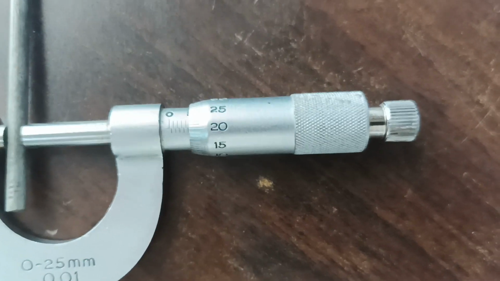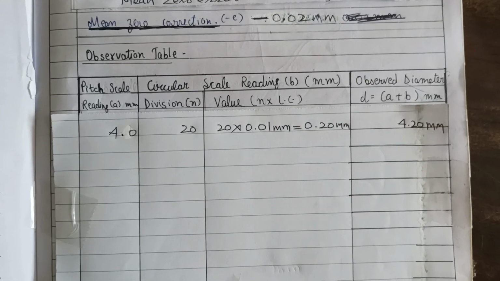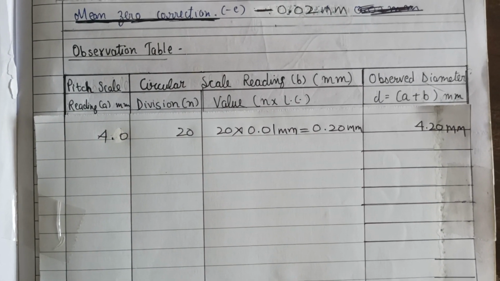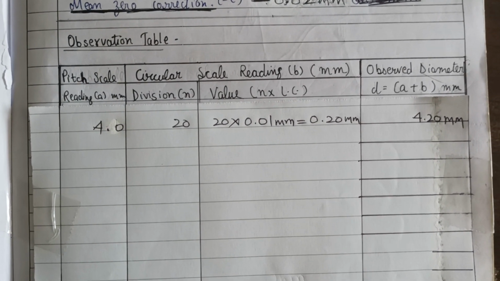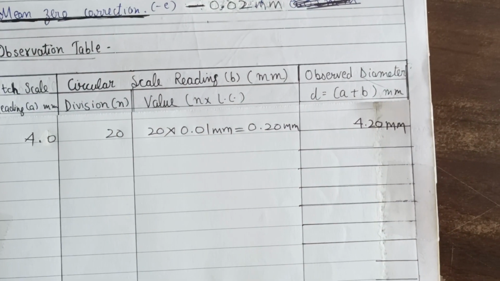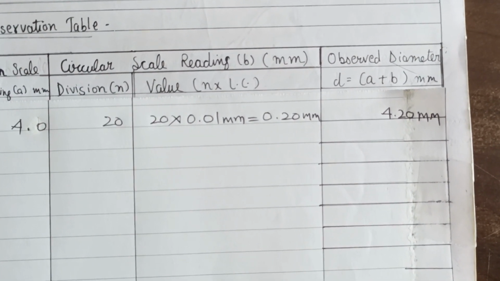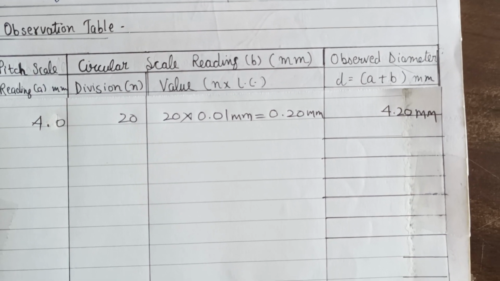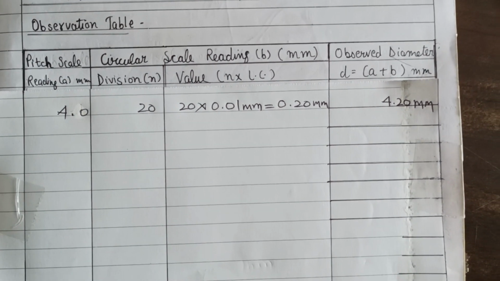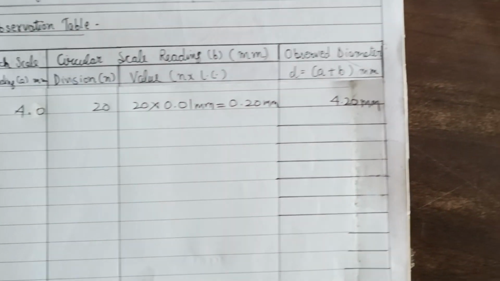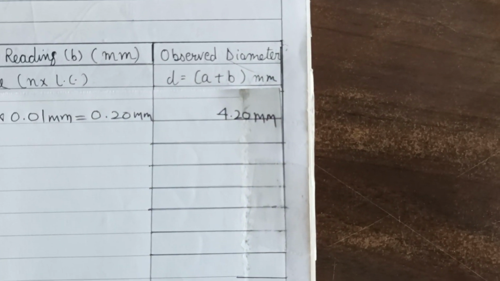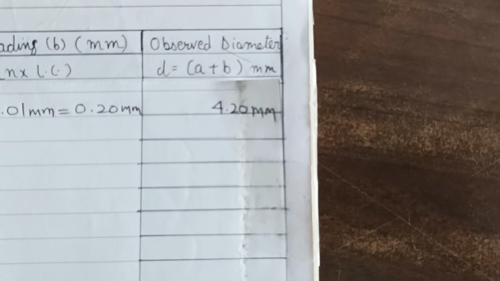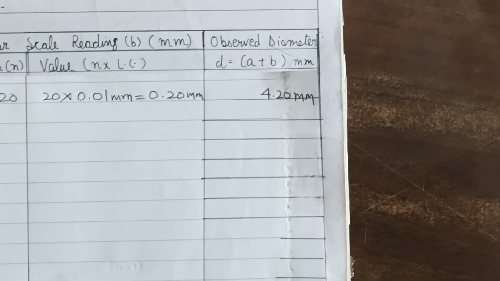So the main scale reading here is 4.0 mm, and 20 divisions on the circular scale give you 20 into 0.01 mm, that is multiplied by the least count, 0.20 mm. So the total diameter is found to be 4.20 mm in this particular observation.